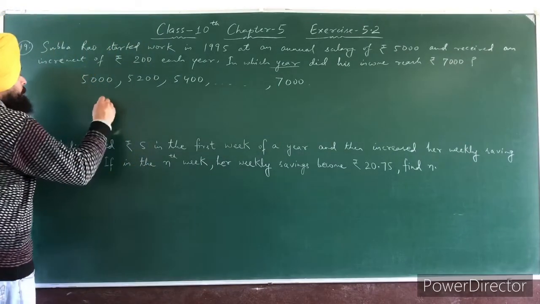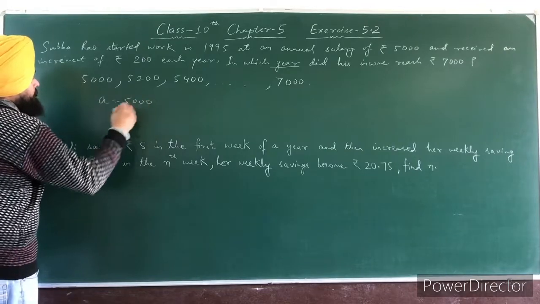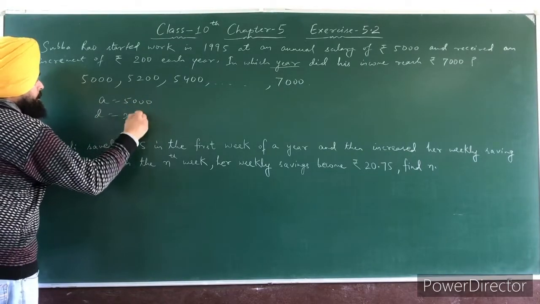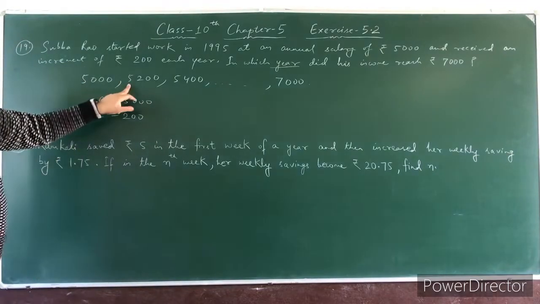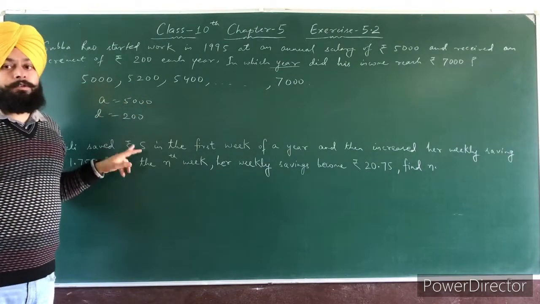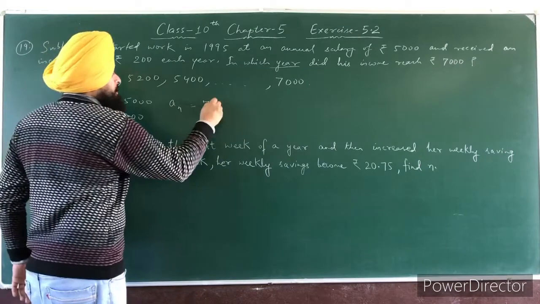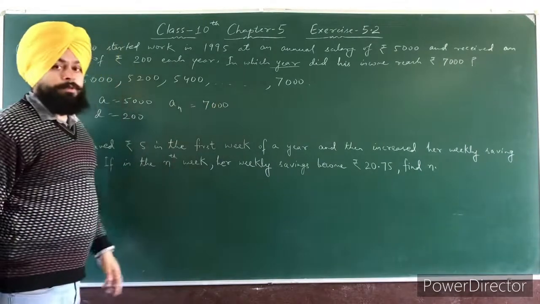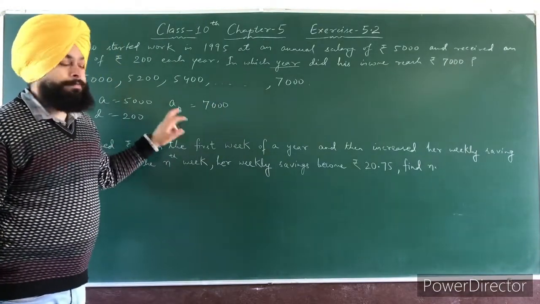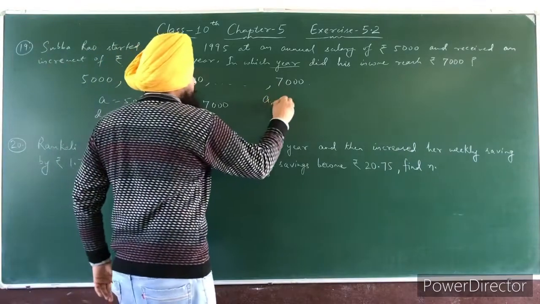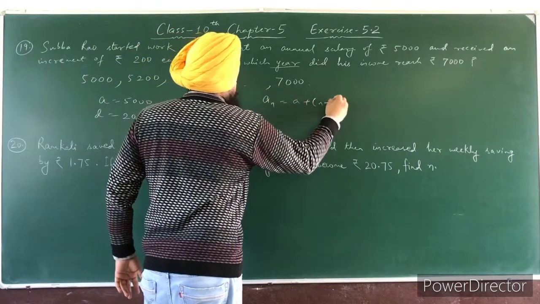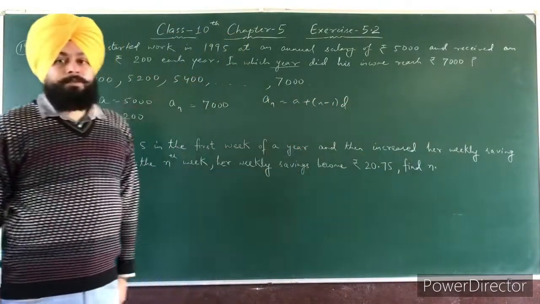So take the first term a as 5,000, common difference d as 200. 5,200 minus 5,000 is rupees 200. And the last term is taken as an, which is 7,000. So you will find here n. The formula for an is a plus n minus 1 into d.